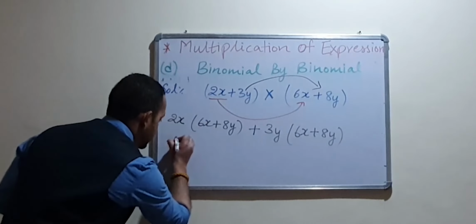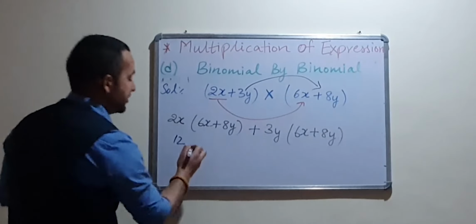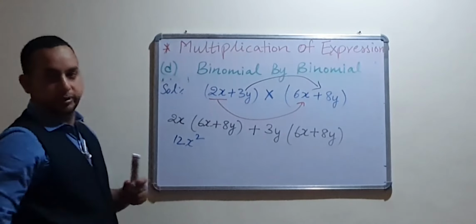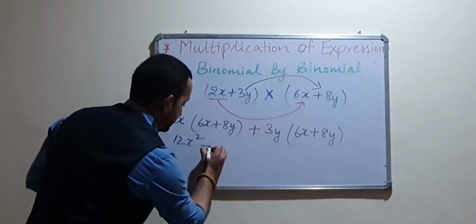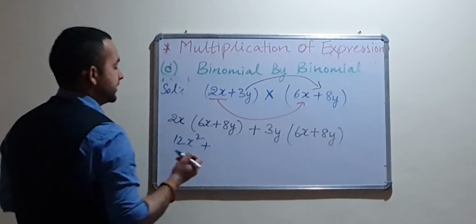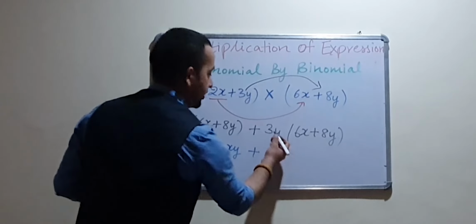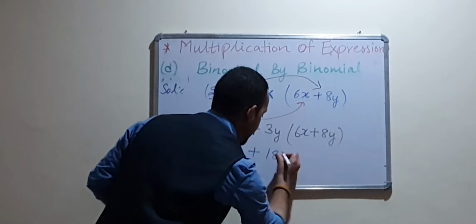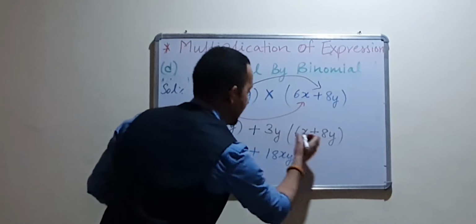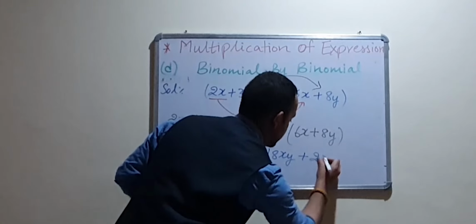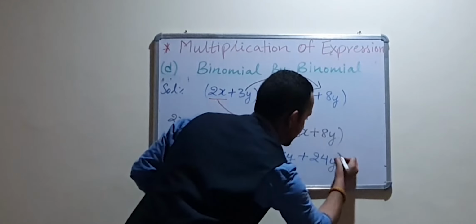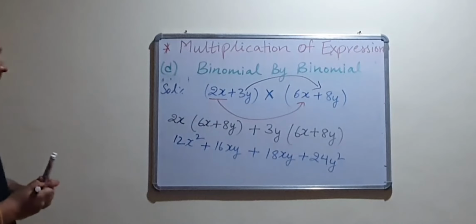2 6s are 12, and x and x is x square, plus 2 8s are 16xy, plus 3 6s are 18xy, and 3 8s are 24y square.